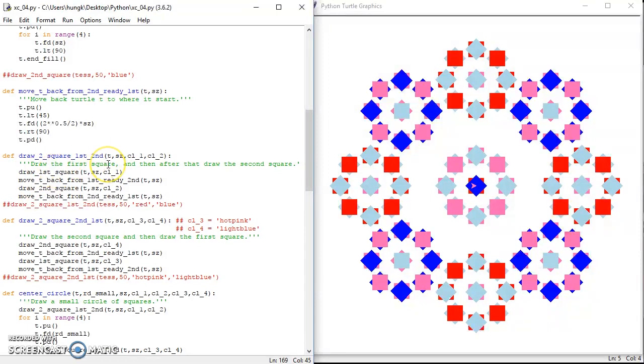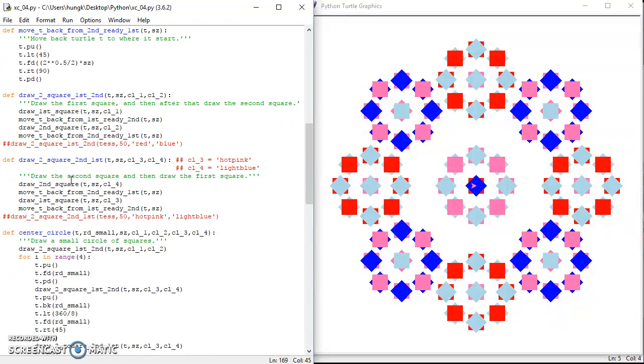The first and second means the bottom is the first square and the top is the second square. So here's the code. Draw the first square and then move back to the center, then draw the second and then move back to the center.